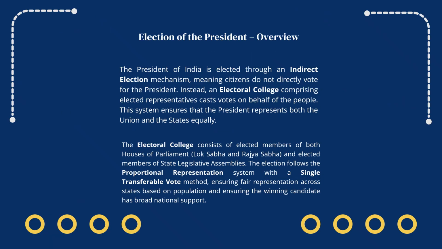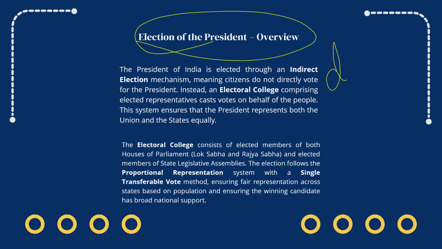Now let's talk about the election of the president. The first thing you need to understand is that the president is not elected directly. He is elected indirectly. Citizens do not have the right to vote for the president. Instead, elected representatives vote on behalf of the people.